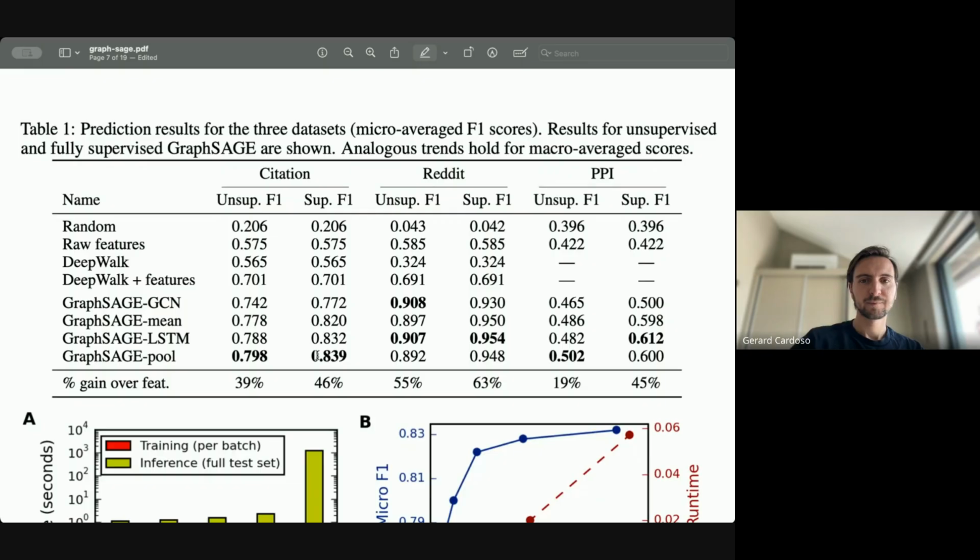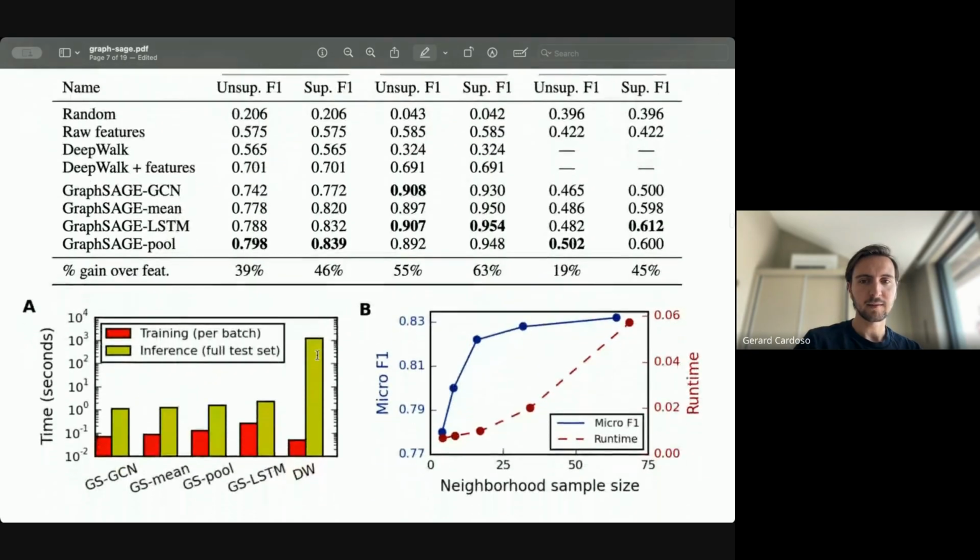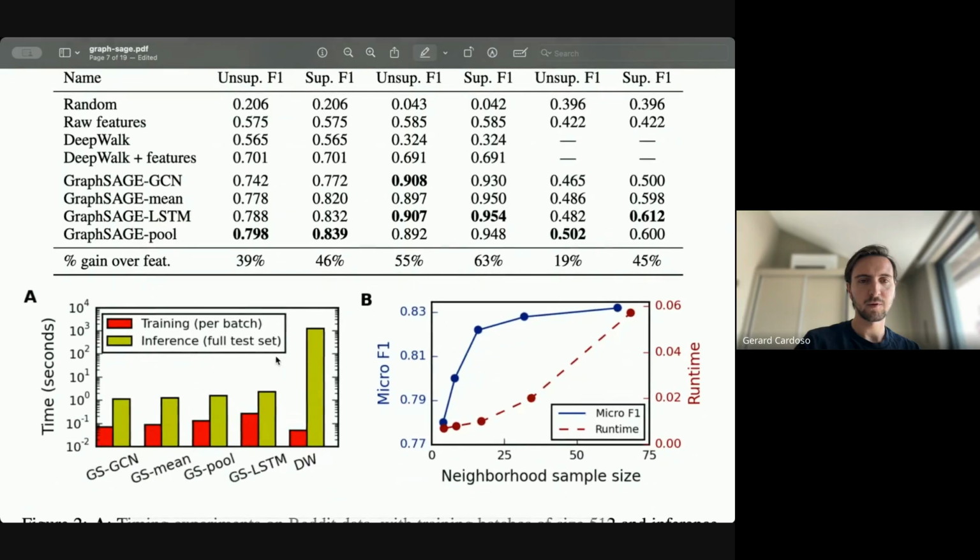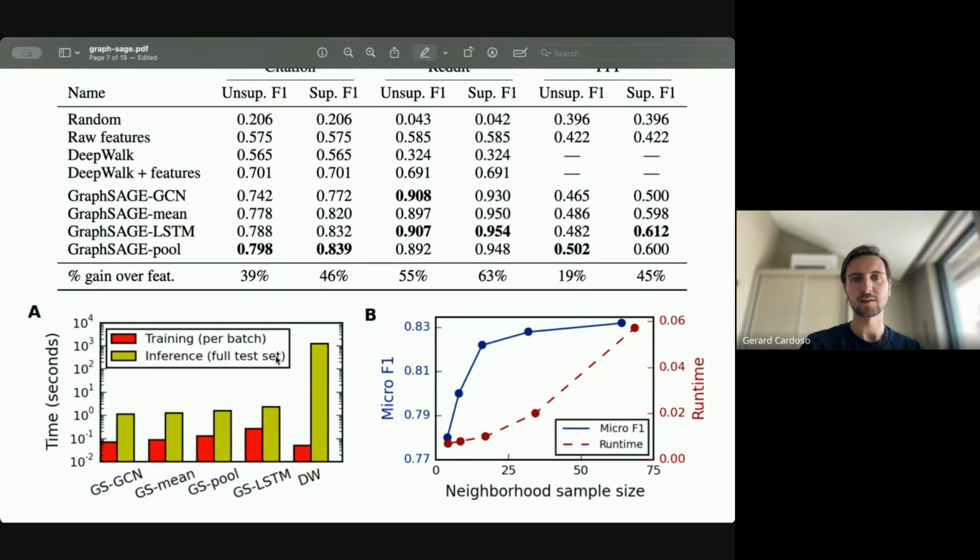They also compare, and another reason they wanted to implement this kind of method is that DeepWalk and this kind of transductive method can work. You see the performance is not awful in some cases, but you have to train it on the test node. So you have to create the test node embeddings by running gradient descent for predictions.